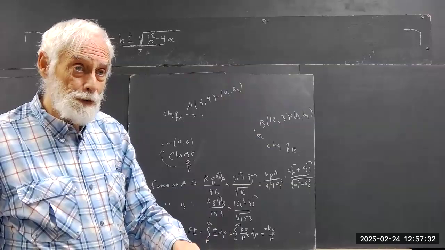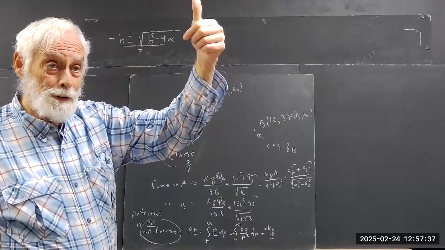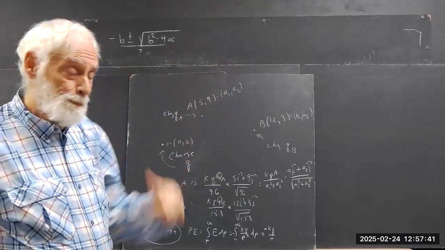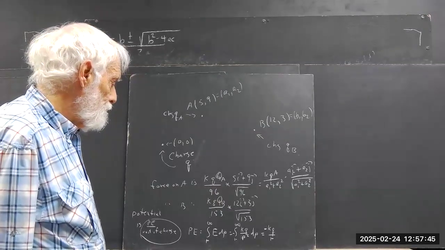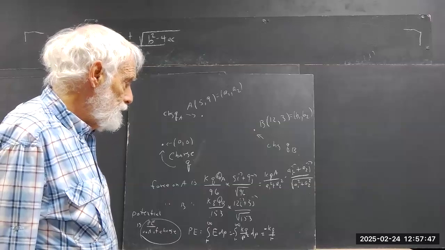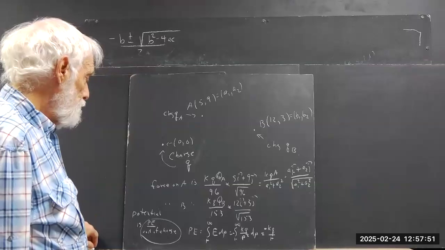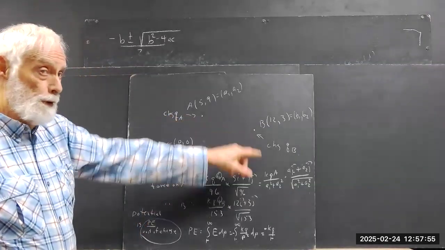If your force is in this direction and you go this way, potential energy increases, doesn't it? So you want to puzzle that out. If there's an error in the signs here, figure it out. Anyhow, you can find the potential here and here.